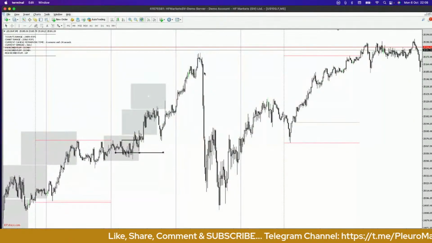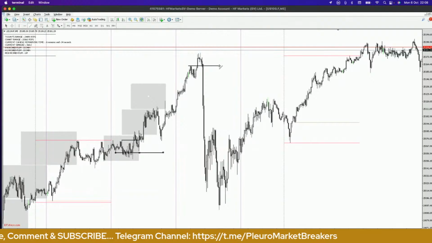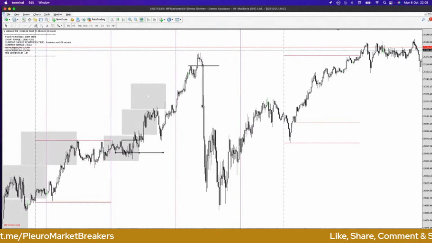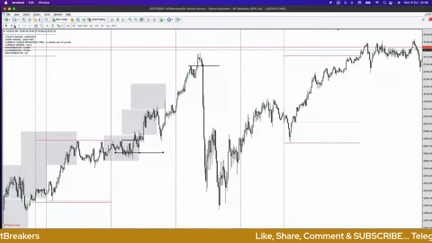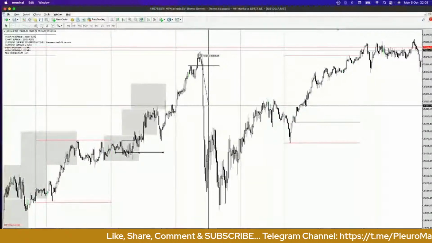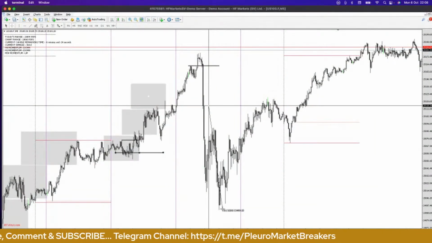So now what happens? Because we're the highest we've ever been, a low is taken. Am I trading this? No. Why? No. Now, you would still have gotten almost 2 to 1.